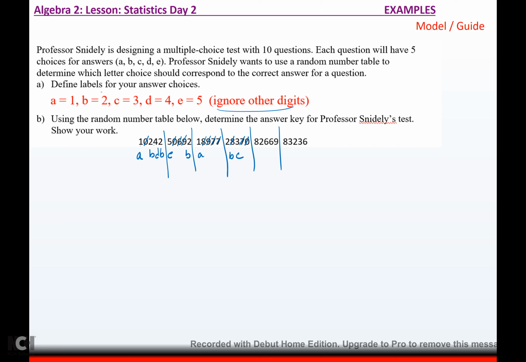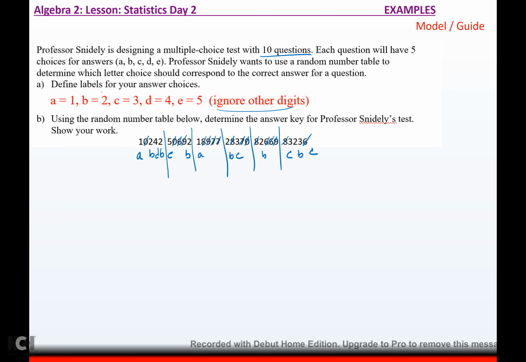Skip 0. And skip 8. 2 would be a B. Skip 6, 6, 9. Skip 8. 3 would be a C. 2 would be a B. 3 would be a C. 2 would be a B. 3 would be a C. And 6 I'd ignore.